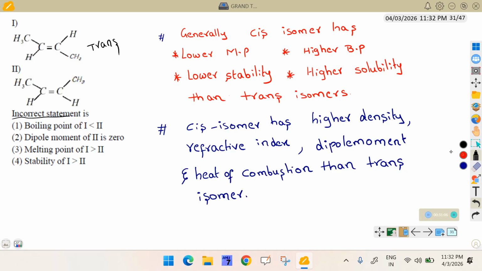The second compound is the cis compound. For trans compounds, the mu value is equal to 0. For cis compounds, the mu value is not equal to 0. Incorrect statement: the dipole moment of 2 is 0. That is incorrect. All the remaining are correct.